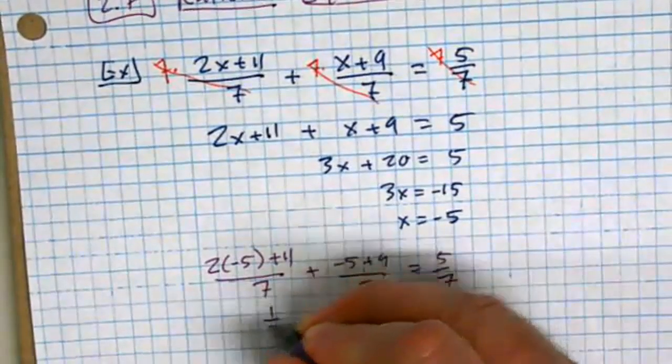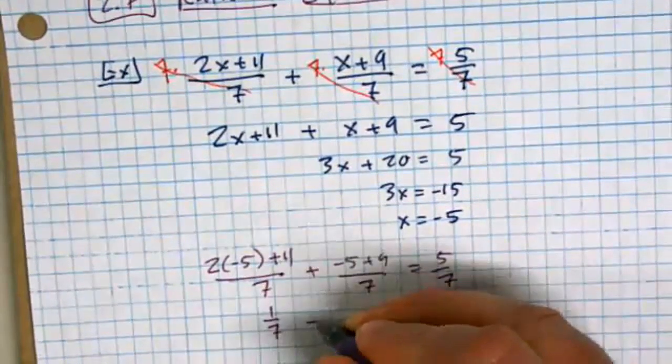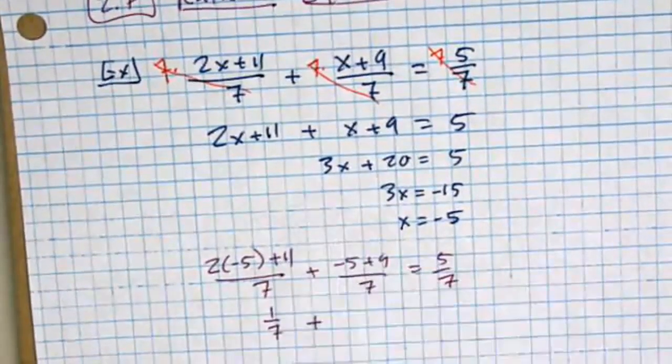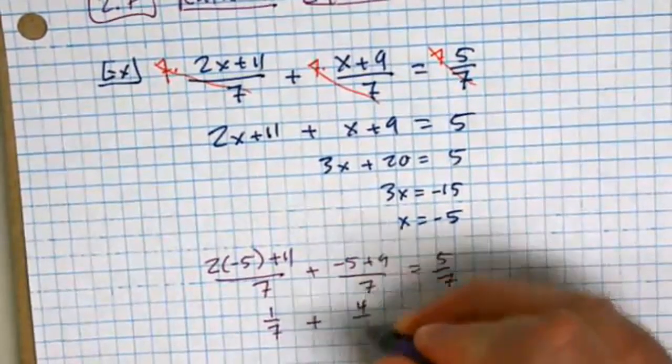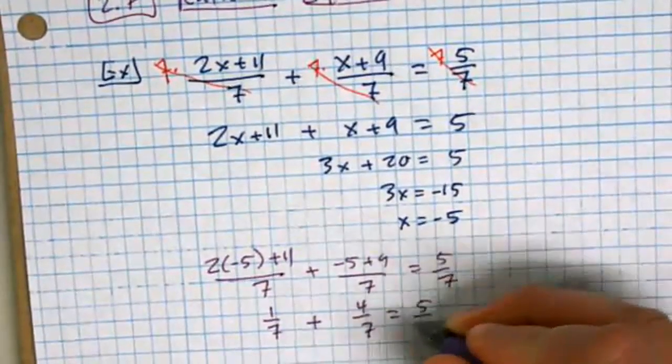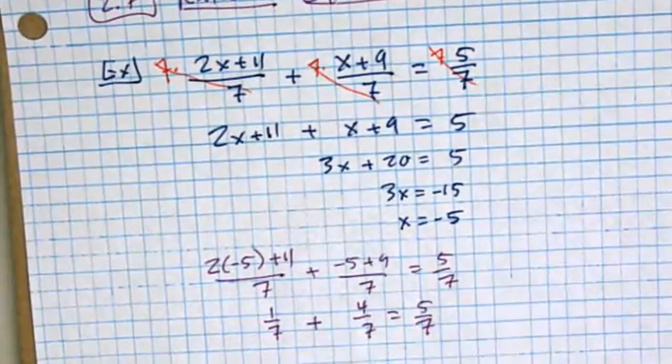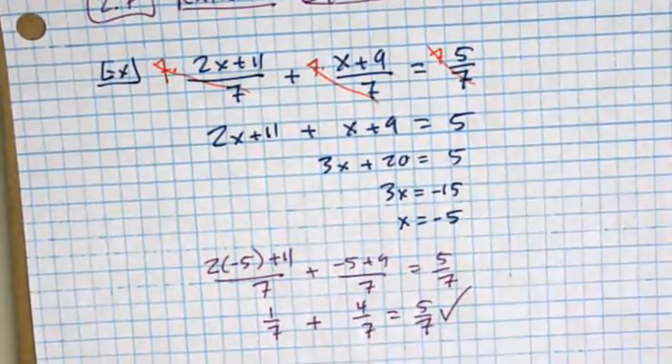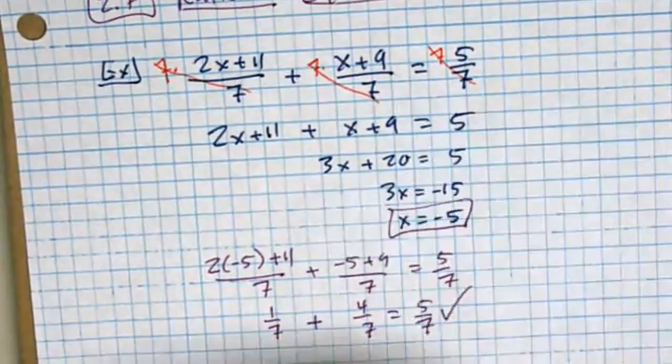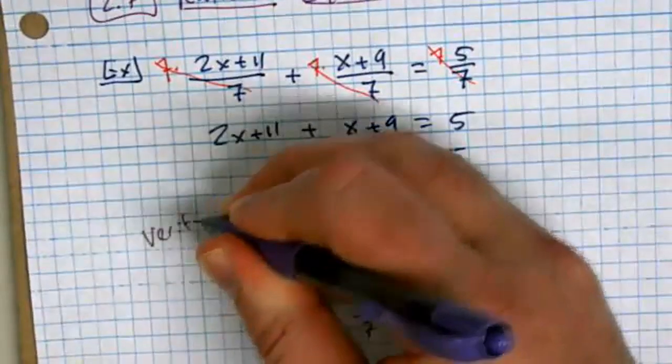That's 1 over 7 plus -5 plus 9 is 4 over 7 equals 5 over 7. That's good enough for me. That's true, isn't it? One seventh plus 4 sevenths is 5 sevenths. Check. So our solution is x equals -5. We have verified numerically.